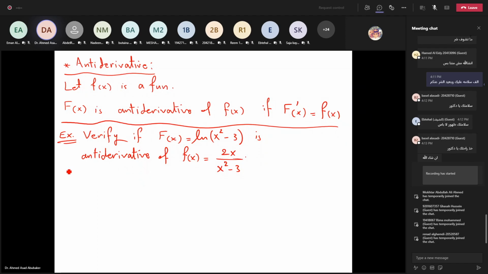Is this correct or not correct? Is F capital an antiderivative of f small?